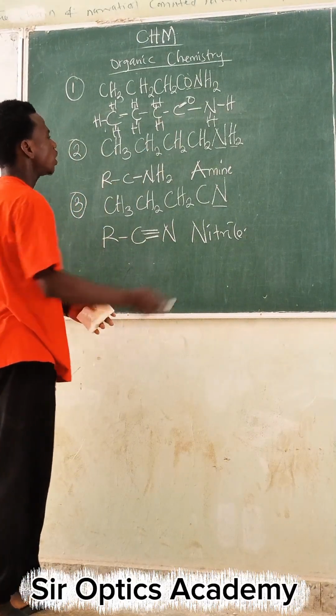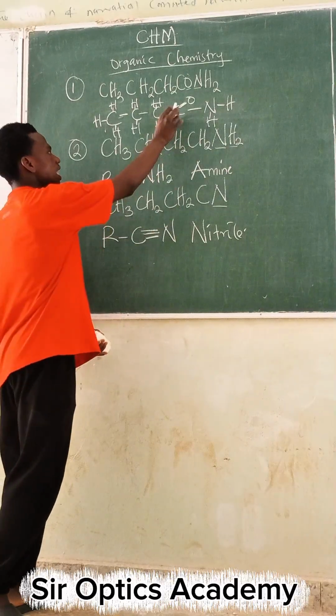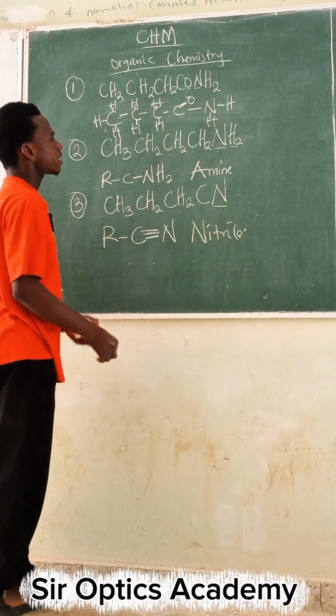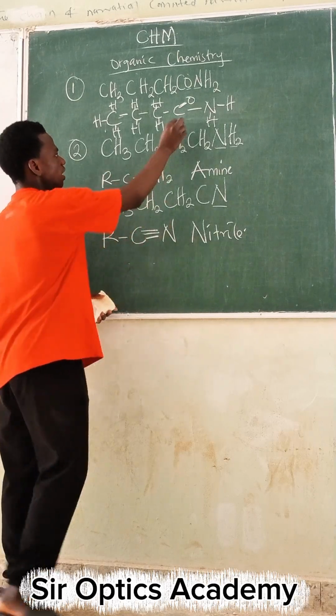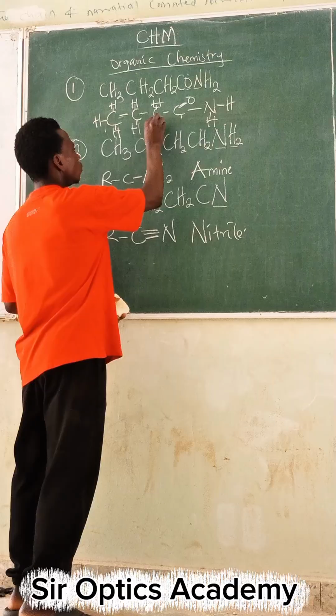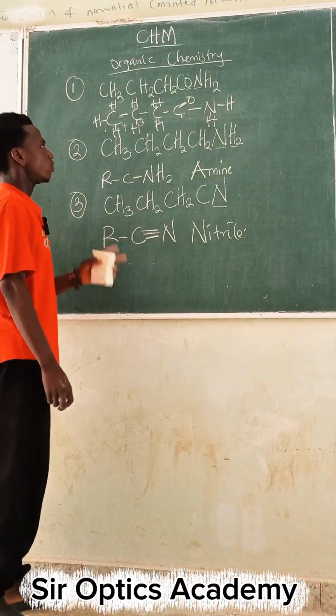Now, for the amide functional group, you start counting the longest continuous carbon chain from that particular carbon that is double bonded to an oxygen atom. So in that case, we have 1, 2, 3, 4. Four carbon atoms indicates but.